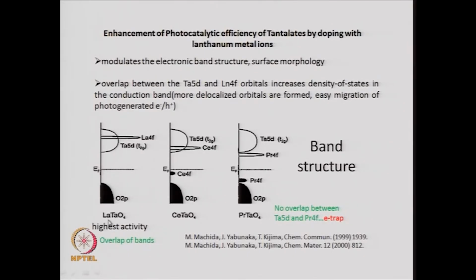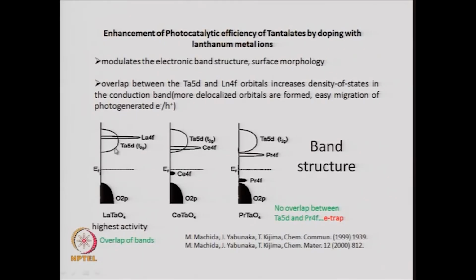Now, when you have lanthanum also, lanthanum appears to have a very sharp band, called a narrow band, because the width of the band is very broad here in tantalum, compared to which this is very narrow, almost like a discrete energy orbital.